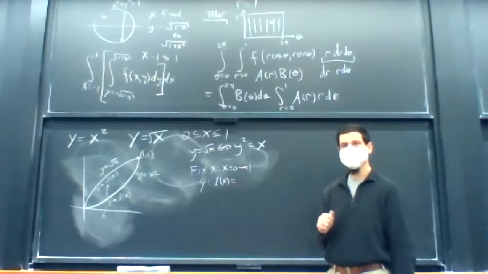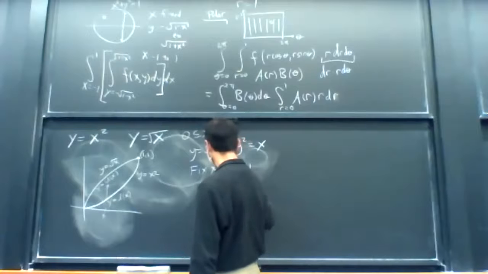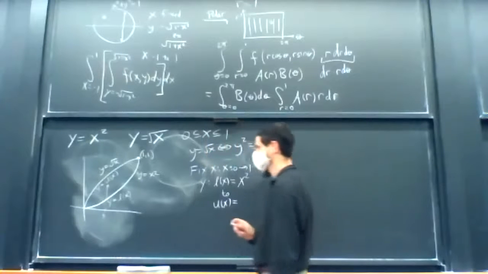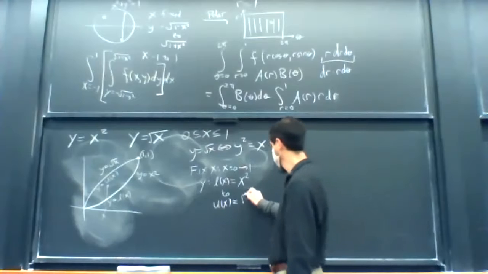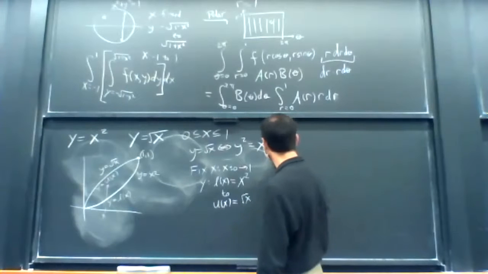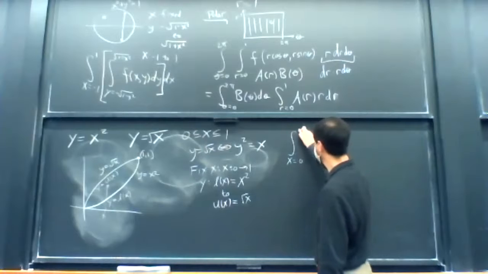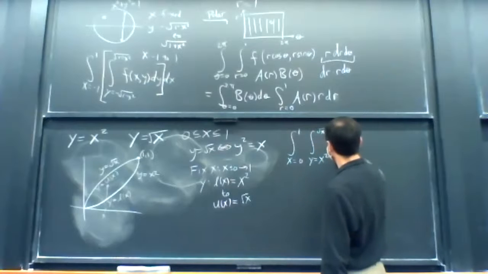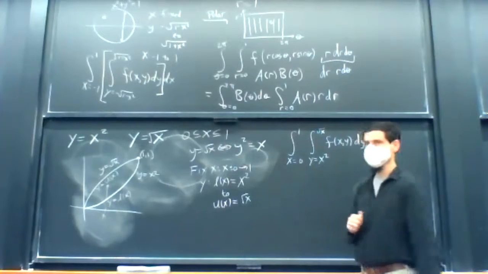This particular one is just x squared, to upper of x, and what's upper of x? Square root of x. And so we get the integral, x goes from 0 to 1, integral, y goes from x squared to square root of x, f of xy dy dx.